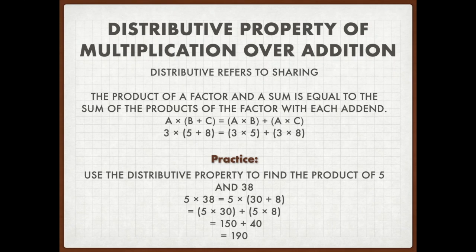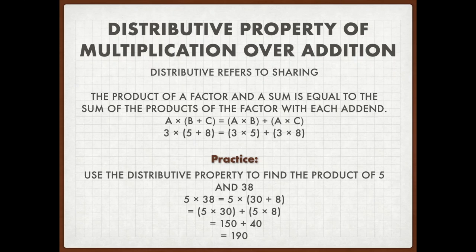If I have a number outside the parentheses, that number on the outside will take turns with each of the numbers inside the parentheses. The 3 will multiply by the 5, and that's kept in the parentheses, and then the 3 will multiply by the 8, and that will be kept in the parentheses. But you have to focus on that plus that separates those two parentheses. And that will be the same answer as 3 times parentheses 5 plus 8.